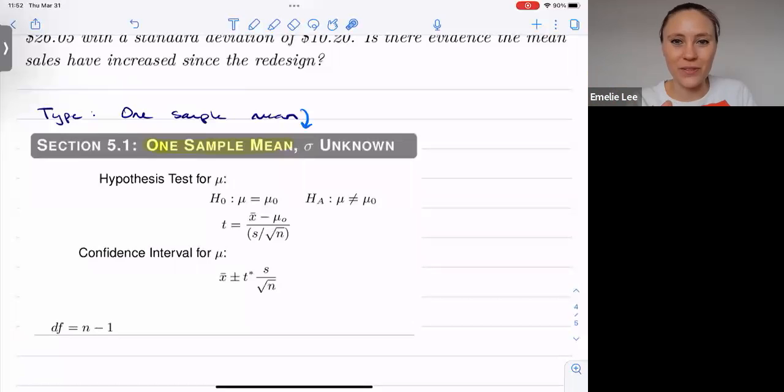And then you can pull that out and say, okay, this is how I do a hypothesis test, and this is how I do a confidence interval for this type of question, right? So that's going to be kind of your first thing.